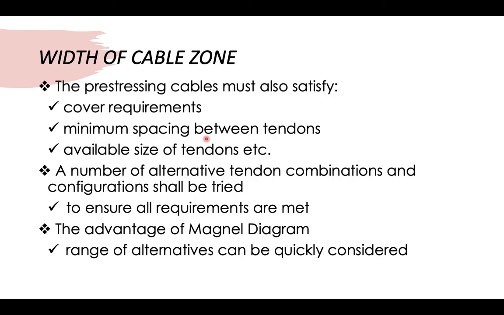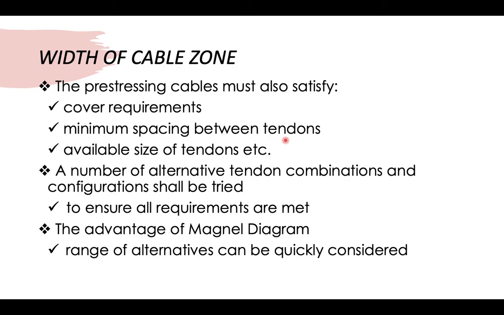Then we also have minimum spacing between tendons. When we talk about minimum spacing between reinforcements or between tendons, we are going to fulfill the requirements in order to make sure that we have a section that is fully compacted.